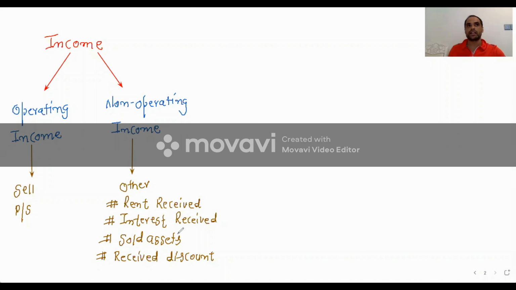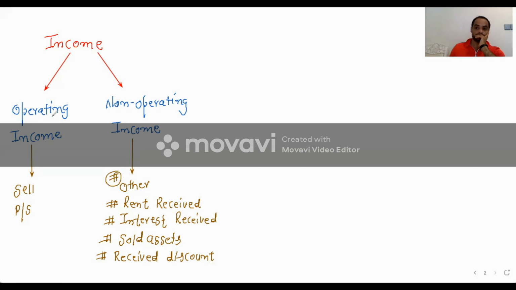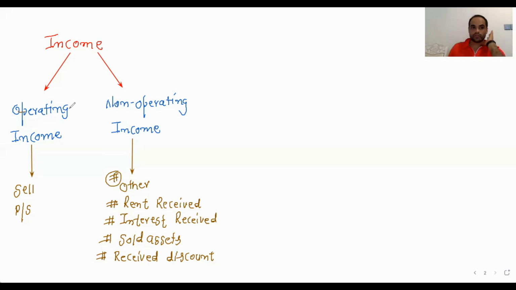You purchase raw material, and the supplier gives you some kind of discount. That's also non-operating. So you can see that all these other non-operating incomes have nothing to do with product and service. So always remember, operating means related to product and service. Non-operating means not related to product and service.